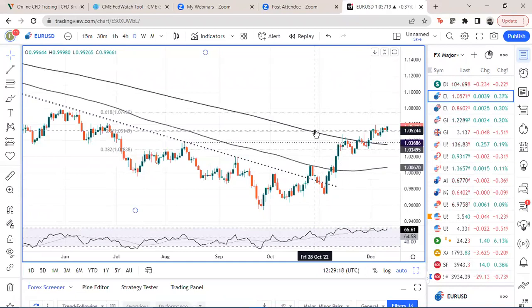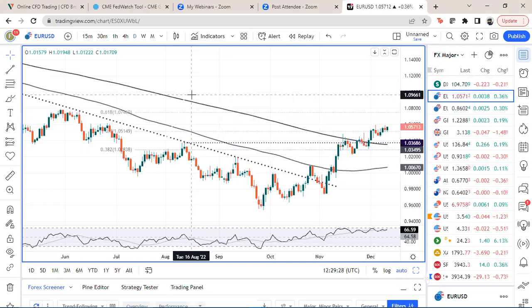A 50 basis point hike is widely anticipated by consensus and also market leaning. The market has priced in around 55 basis points, so a touch above 0.5%. This would be downshifting the pace compared to the prior 2 back-to-back 75 basis point hikes.